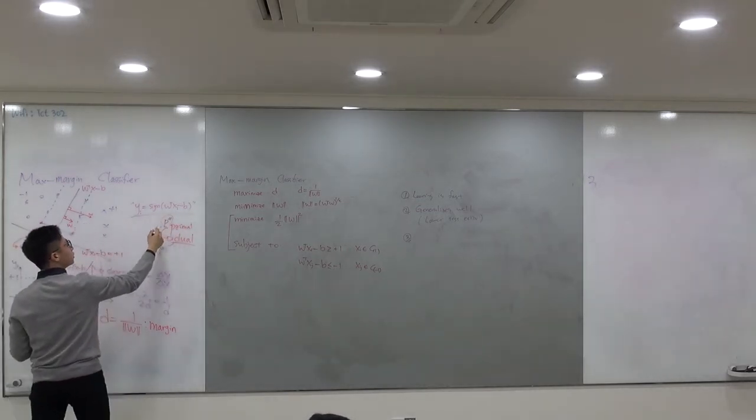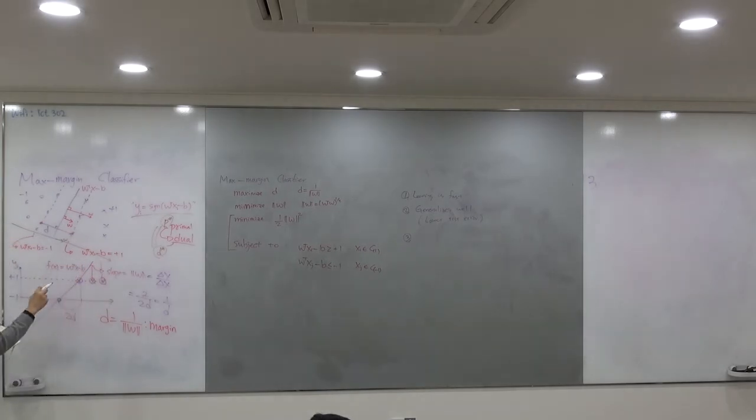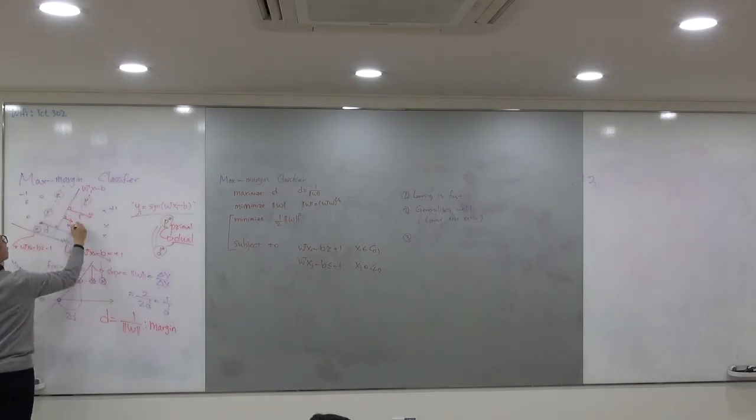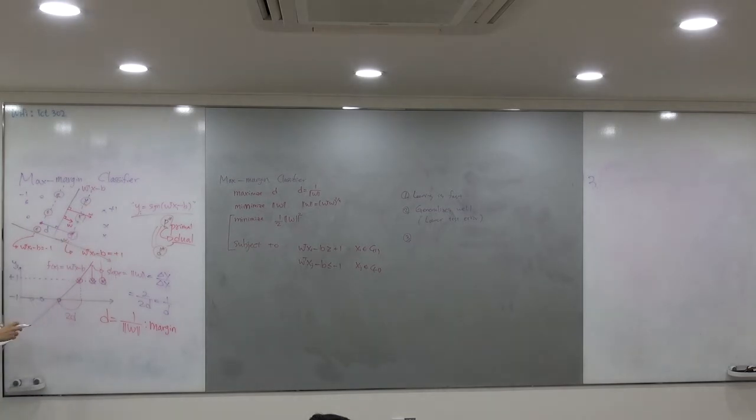We only get to know W and B. Then, to calculate W, we only need examples on the margin boundary because of some mathematical elegance.